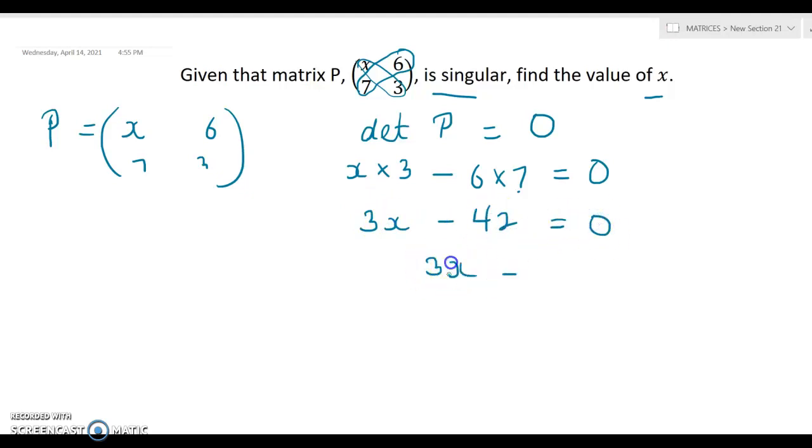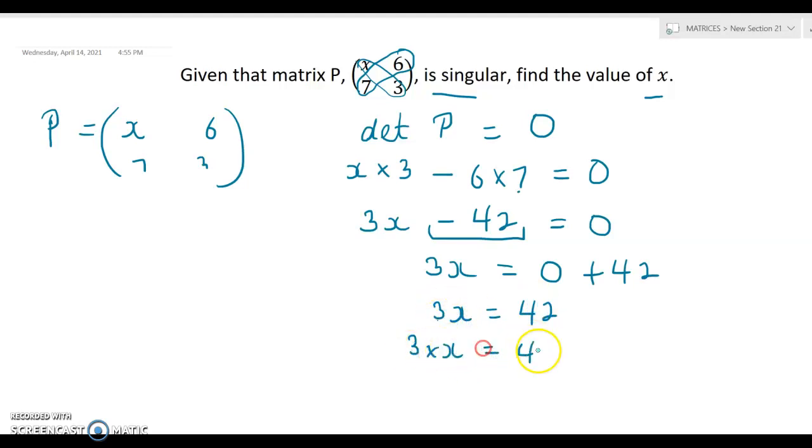So carry across, the take away 42 becomes plus 42. So 3x is equal to 42. And remember, 3x is the same as 3 times x. 3 times x equals 42. So therefore, x is equal to 42 divided by 3.